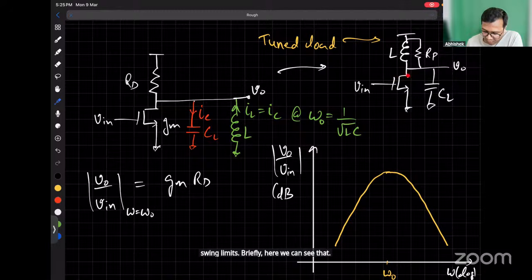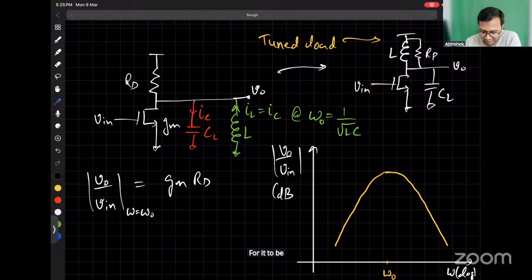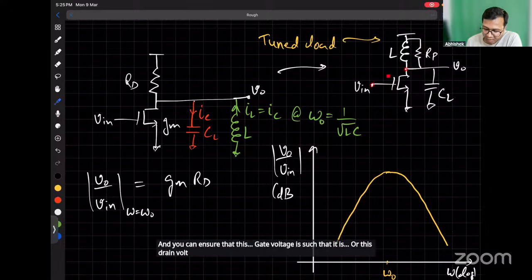Briefly here we can see that you want to always make sure the transistor which is being used for amplification should be in the saturation region. So for it to be always in the saturation region, you can ensure that the drain voltage is at least Vg minus Vt, more than Vg minus Vt.